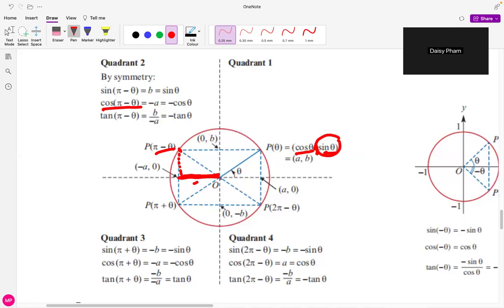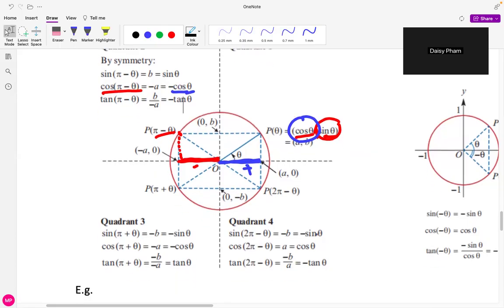So that distance is the same as that distance here. But this distance is positive. And this distance is the cos theta value because it's on the x-axis. So therefore, cos of pi minus theta is negative cos theta. With the same logic, we can do it for tan as well and for other angles too.